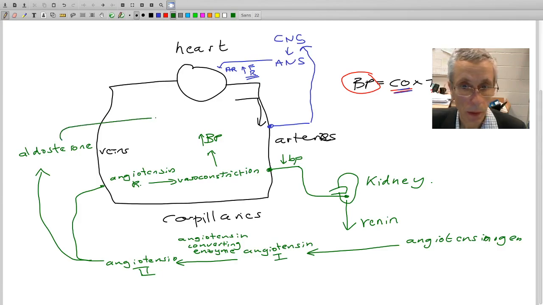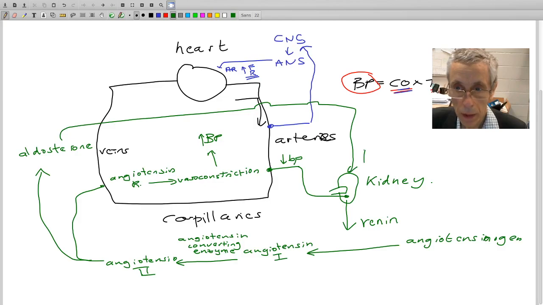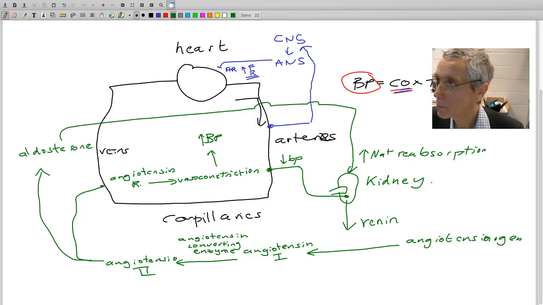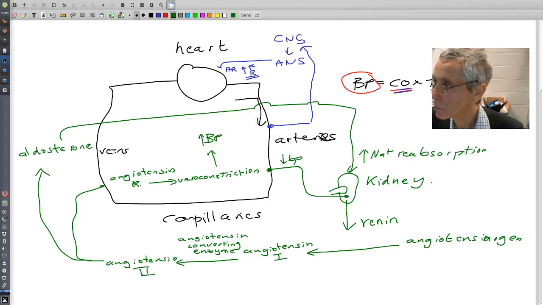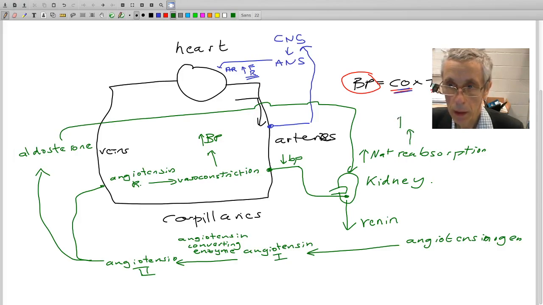Aldosterone causes an increase in sodium reabsorption, and that causes an increase in blood volume because when sodium is reabsorbed, water is reabsorbed with it, and that causes an increase in blood pressure.